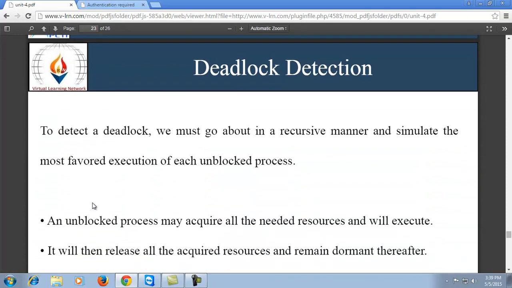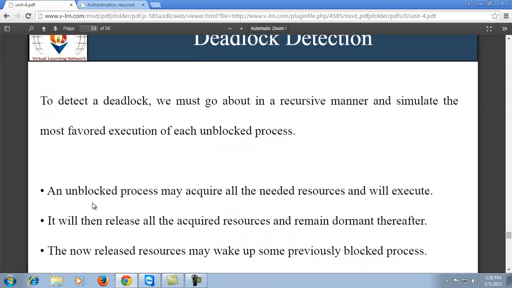Deadlock detection. To detect a deadlock, we must go about in a recursive manner and simulate the most favored execution of each unblocked process. An unblocked process may acquire all the needed resources and will execute that request. It will then release all the acquired resources and remain dormant thereafter.